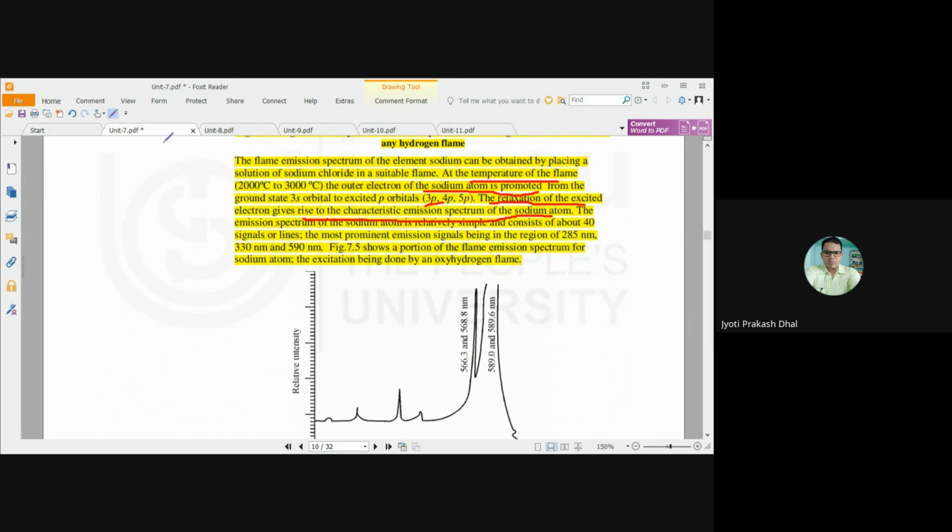The emission spectrum of the sodium atom is relatively simple and consists of about 40 signals or lines. The most prominent emission signals are in the region at 285 nanometer, 330 nanometer and 590 nanometer.